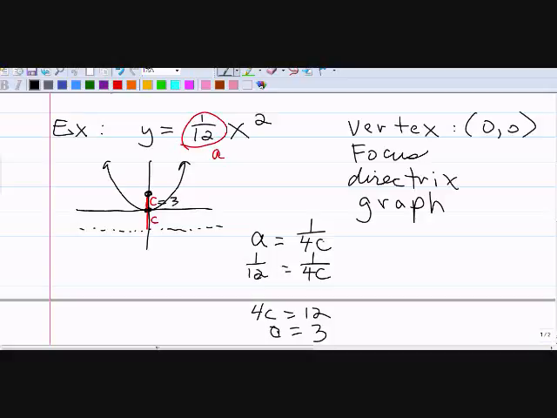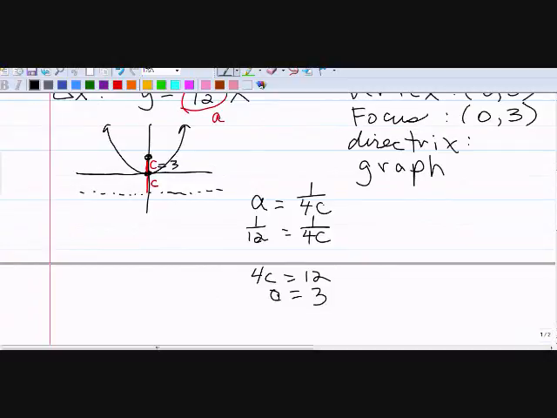So I can find now the xy coordinates of the focus. If that distance is 3, that point is the point (0, 3). c equals 3.